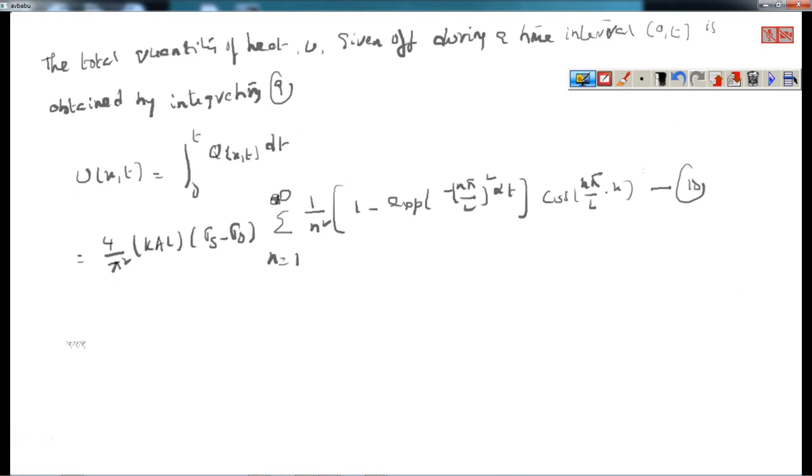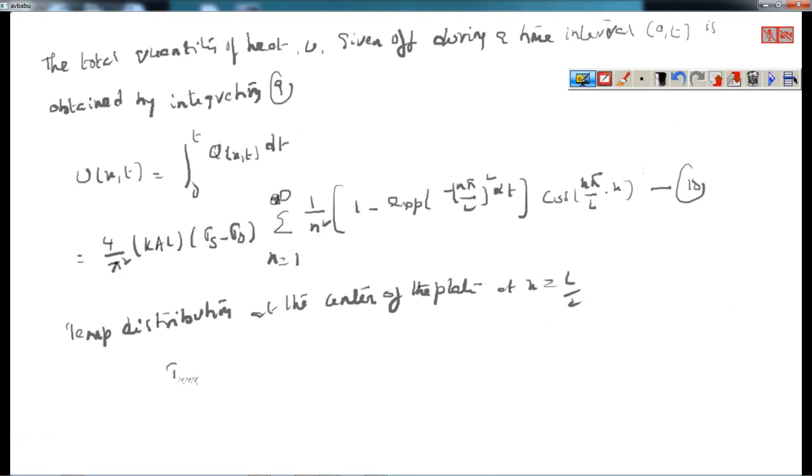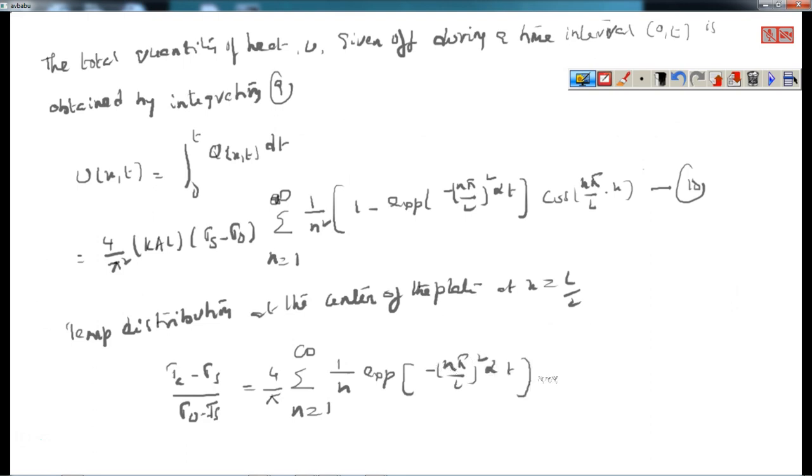Now the temperature distribution at the center of the plate, that is at x equals L by 2, is going to be Tc minus T infinity, where Tc is the center of the plate, divided by T0 minus Ts, equals 4 by pi sigma n equals 1 to infinity, 1 by n into exponent of minus n pi by L whole square alpha t into sin n pi by 2.